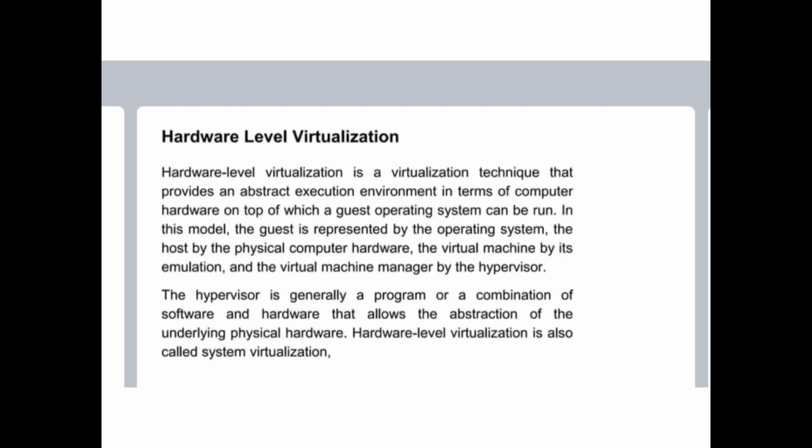Next, hardware level virtualization. Hardware level virtualization is the virtualization technique that provides an abstract execution environment in terms of computer hardware on top of which a guest operating system can be run. In this model, the guest is represented by the operating system, the host by the physical computer hardware, the virtual machine by its emulation, and the virtual machine manager by the hypervisor.